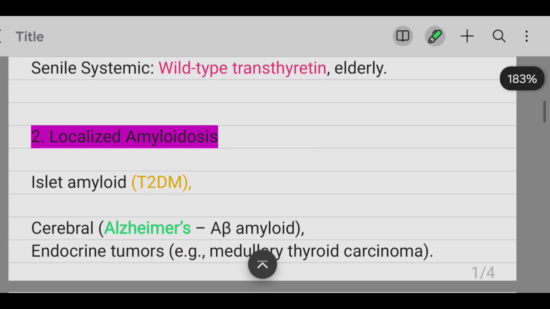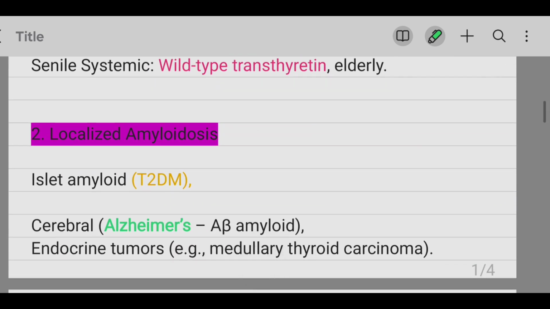Now next one is localized amyloidosis. For example, when there is a deposition of this amyloid in the islet cells, it is leading to type 2 diabetes mellitus. Then we have cerebral. The most famous amyloidosis is Alzheimer's disease, in which you know that A beta amyloid deposits in the central nervous system, that is in the brain.